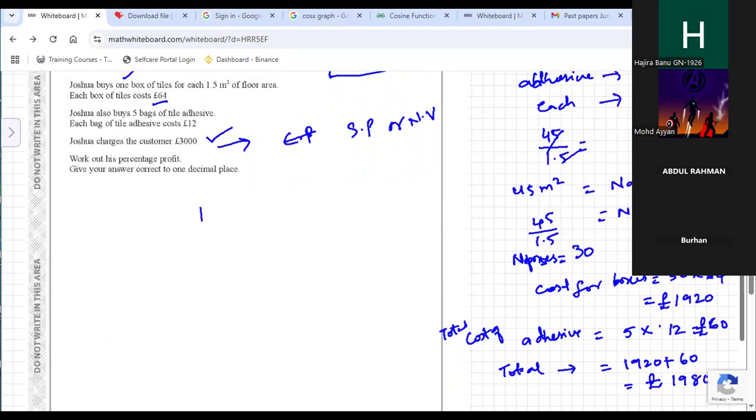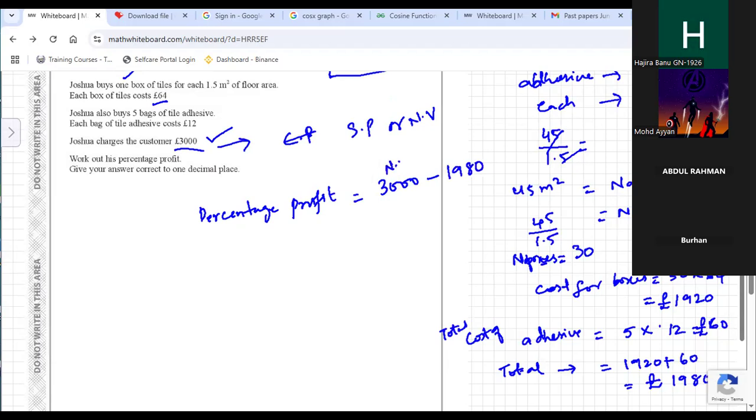Now how to find percentage profit: percentage profit equals what he has sold, the new value, the selling price 3,000, minus the cost price, how much he has spent, 1,980.